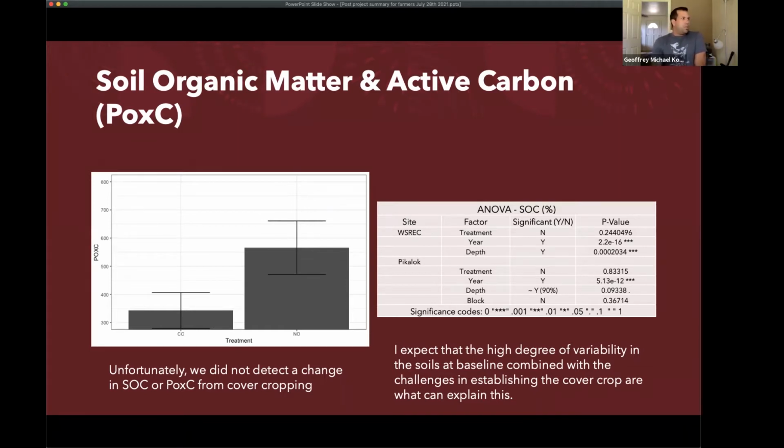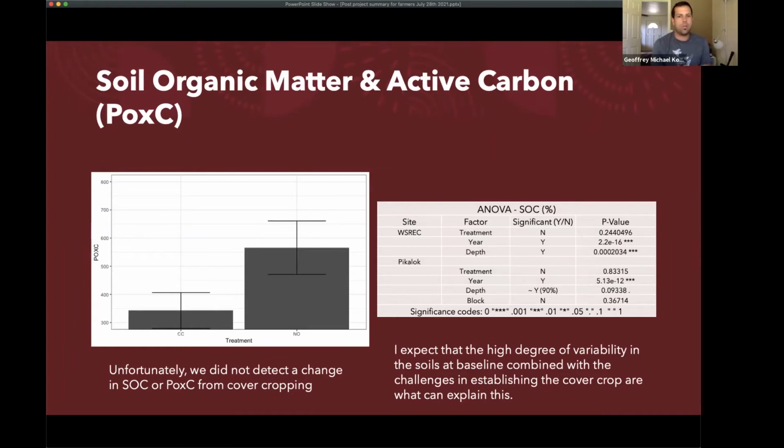So some notes on soil organic matter and active carbon. On the left here is the active carbon, or POC, permanganate oxidizable carbon. We didn't detect a change in soil organic carbon or POC from the cover cropping, so no treatment effect. And actually, the no cover crop treatment has higher active carbon than the cover crop system. You can see that the error bars are really close to each other, though, so that tells you how variable this data is.